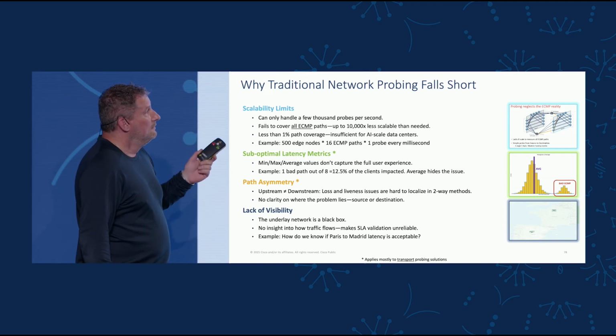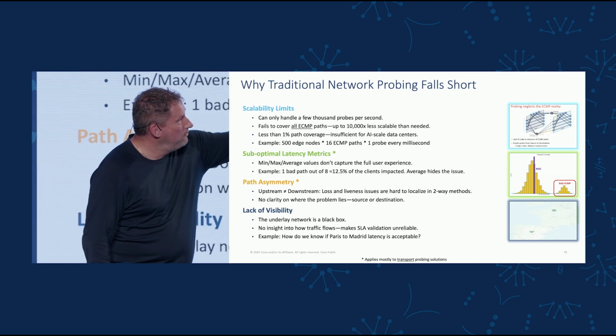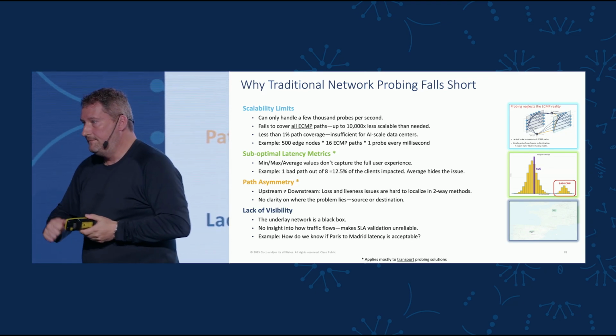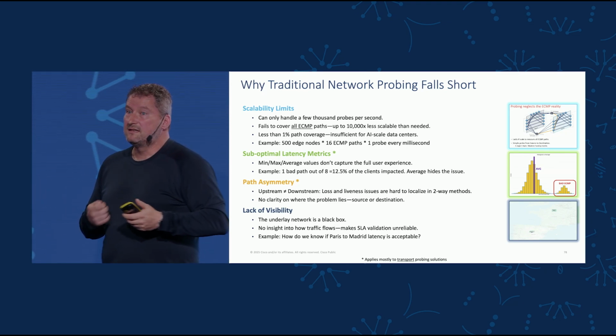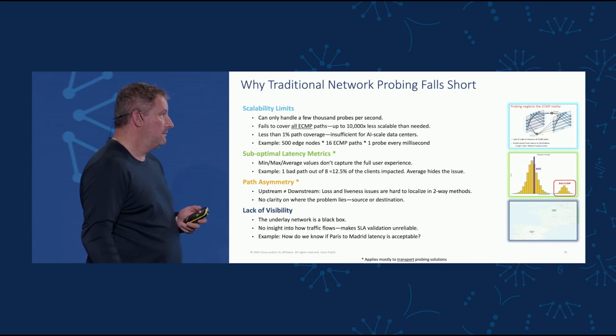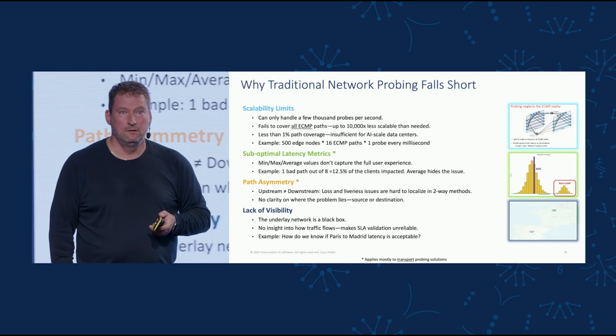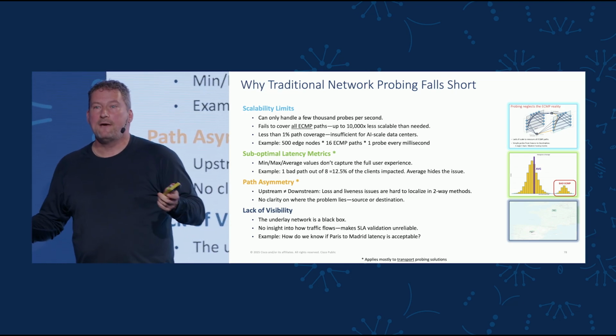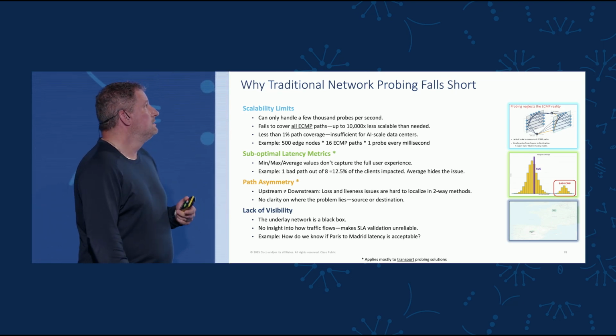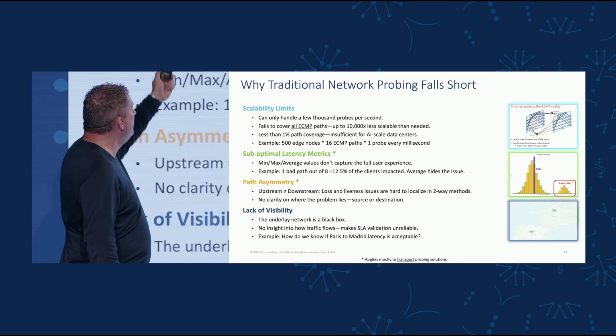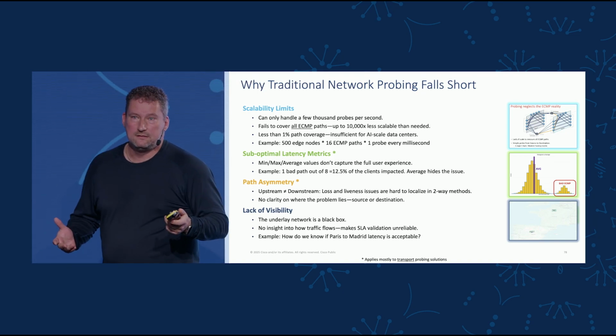So usually a probing appliance, a sender, will send the packet towards the destination. It'll do the 5-tuple hash, and then the packet will just take any path on the network, right? So we fail to cover all the ECMP paths, right?